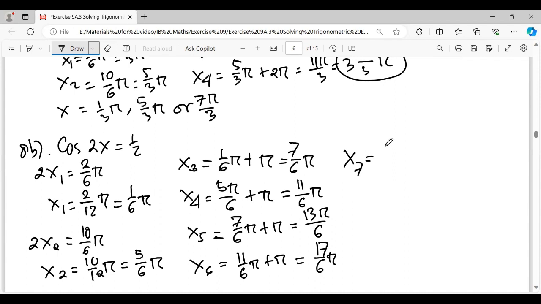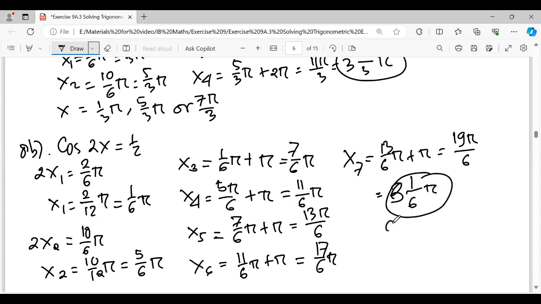Okay, next, 6 times 1 plus 13, 19. 3 times 6 is 18, plus 1, is over 3 pi. Okay, now I need these x values.